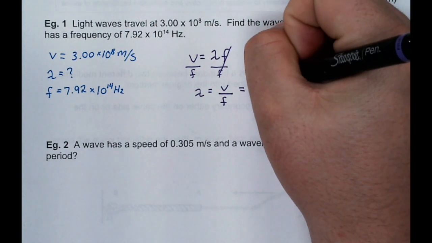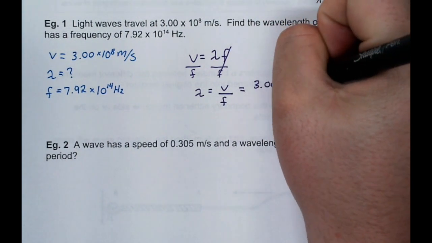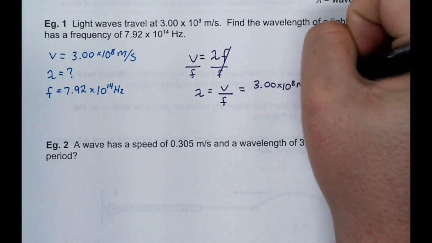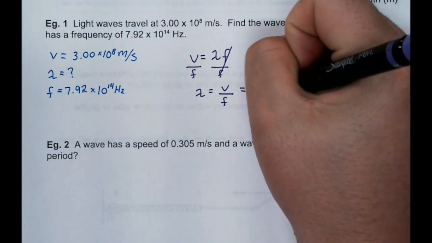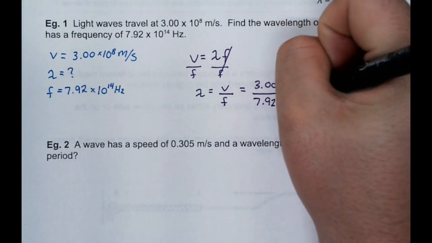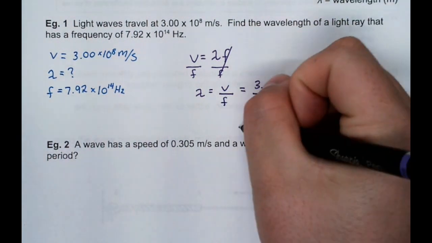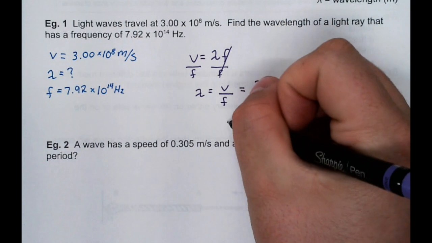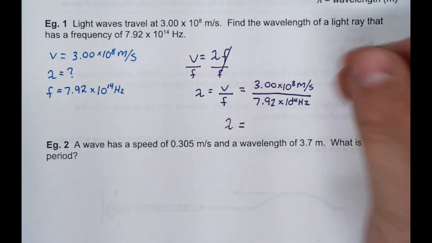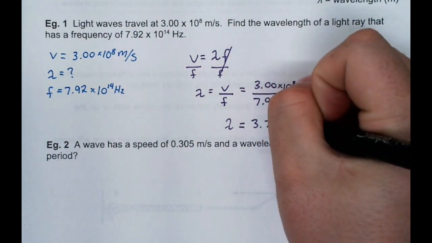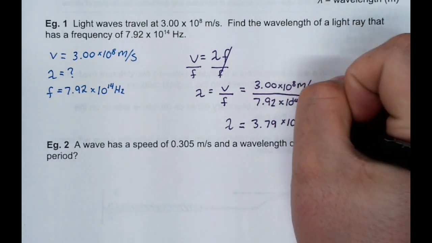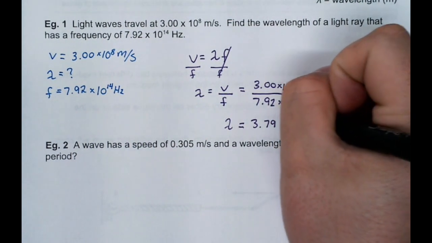That's going to be equal to 3.00 times 10 to the 8 meters per second over 7.92 times 10 to the 14 hertz. That gives us a final wavelength, when you plug that into your calculator, of 3.79 times 10 to the negative 7 meters.